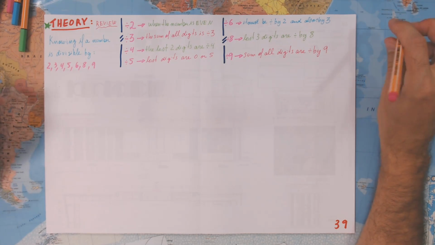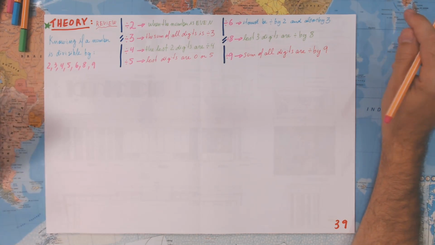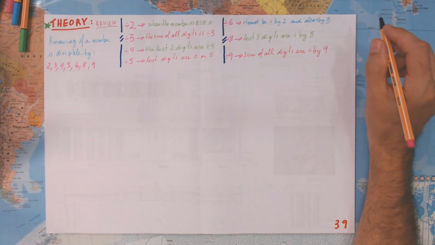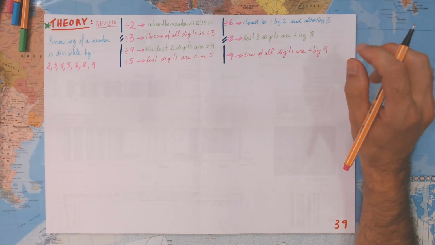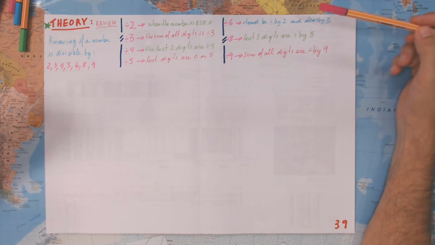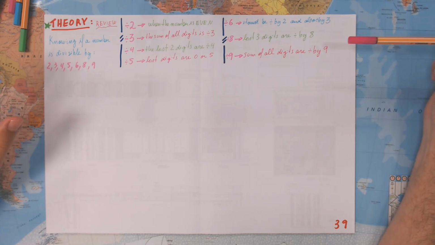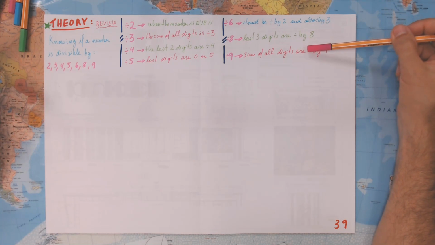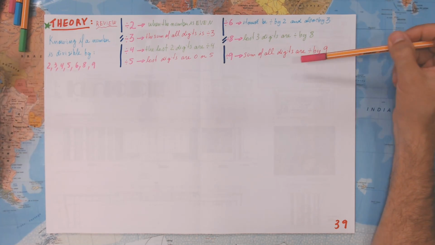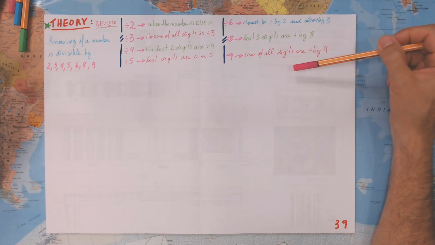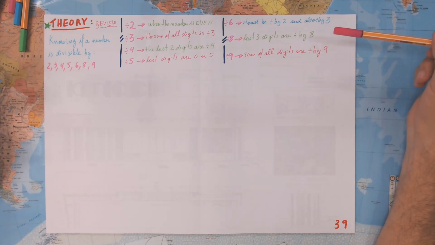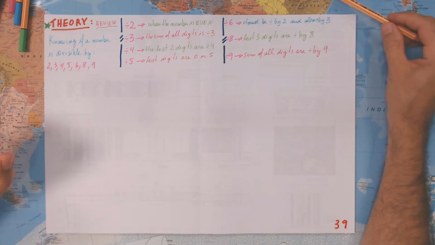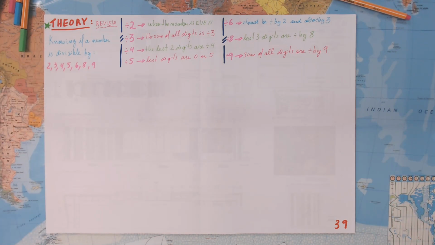For instance, let's make a number here: 250 and something. What is going to be the last digit? Well, the sum of all the digits must be divisible by 9. So with 250 we have 7 already, so it has to be 252. So 252 is going to be divisible by 9, okay, and the sum is just 9 in this case.